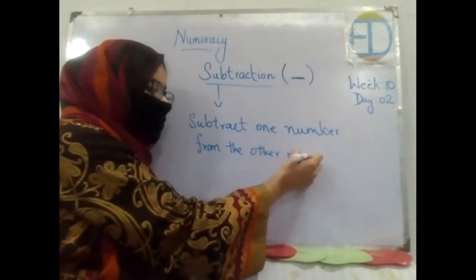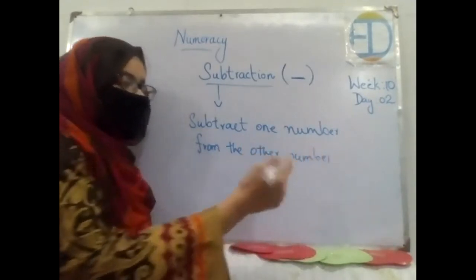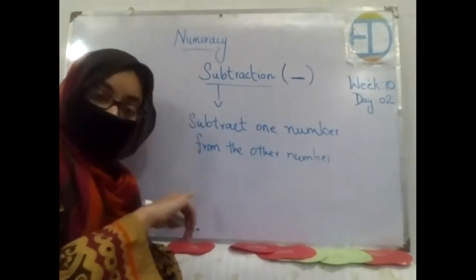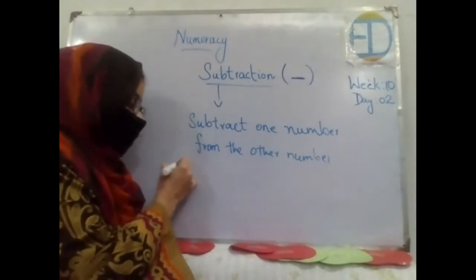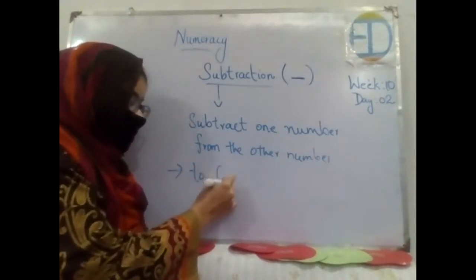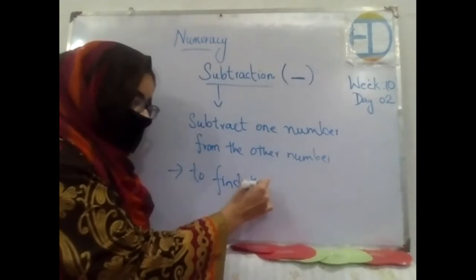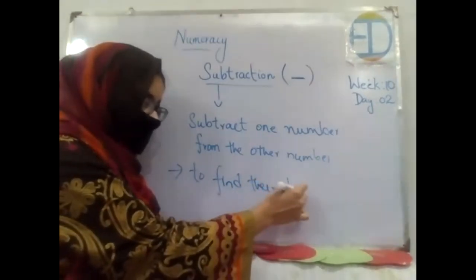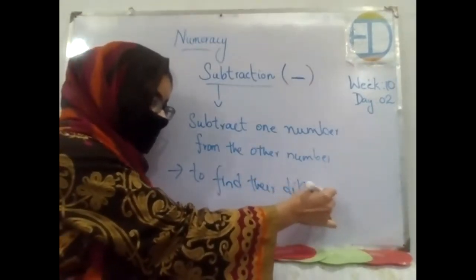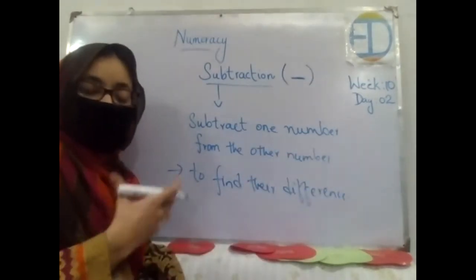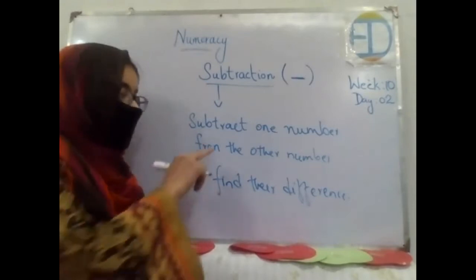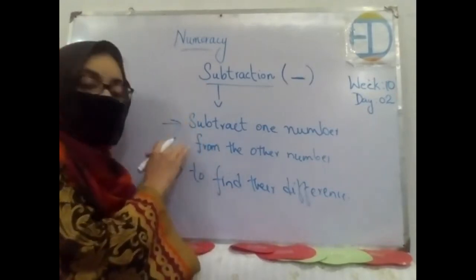And why do we subtract one number from the other number? To find their difference. In order to find the difference between two numbers, we subtract them from each other.